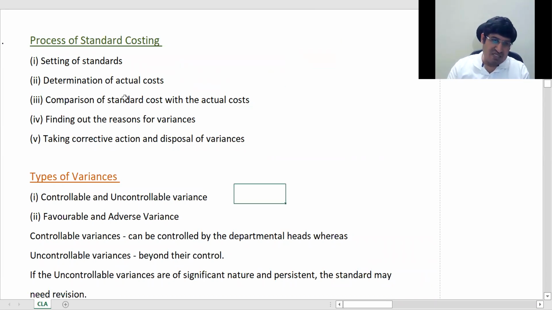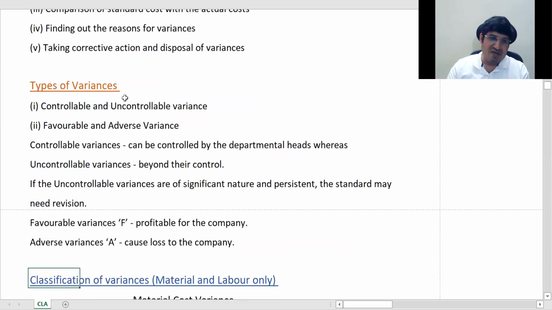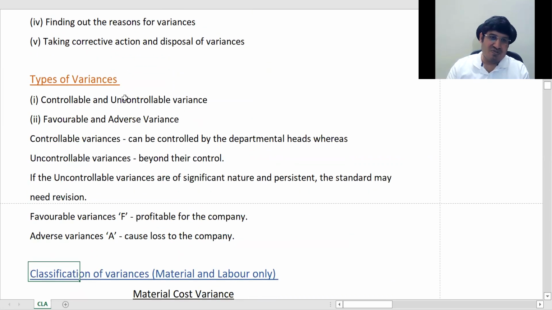Then types of variance: controllable and uncontrollable. Controllable is what can be controlled by the managers. Uncontrollable is beyond their control.